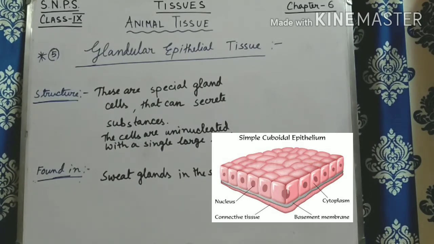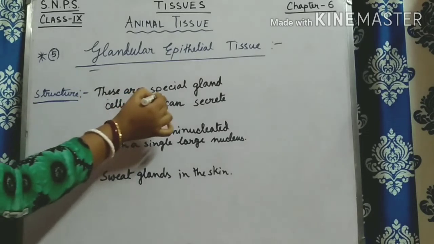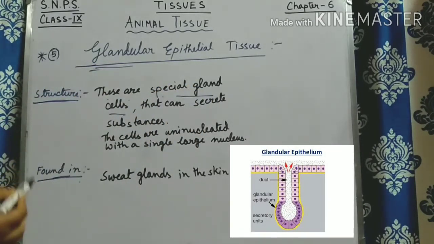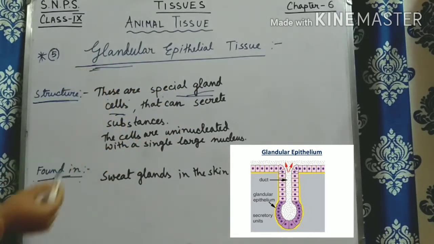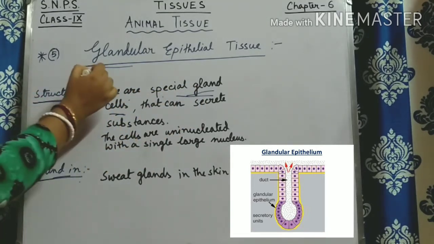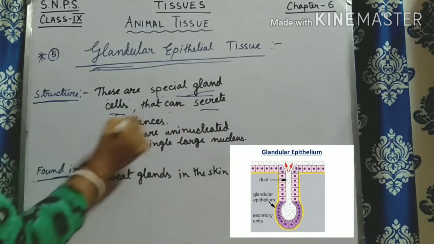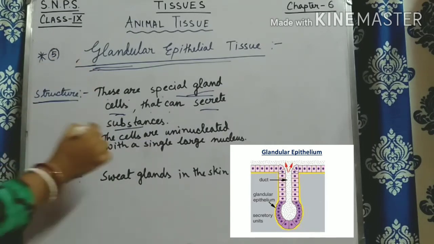The last type of epithelial tissue is the glandular epithelial tissue. These are special gland cells, that's why the name glandular. This type of tissue can secrete substances.